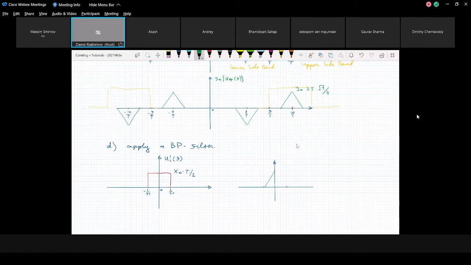For the second signal, we have only a triangular shape function. And we have 2t times square root of 2 times square root of 2, and divided by, we can simply cancel, right?